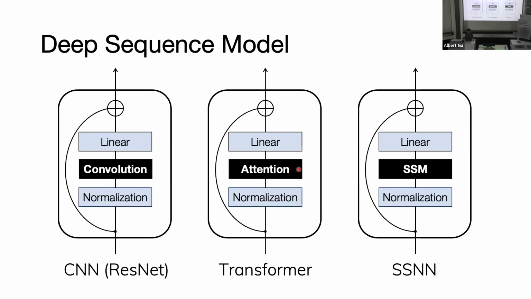When we have one of these primitive sequence models, a black box sequence-to-sequence transformation, we can fit it into a more complicated neural network architecture that can involve different types of layers, including normalization layers like batch norm or layer norm. Often it'll have pointwise linear projections, residual connections, and so on. These are composed into end-to-end deep sequence models that express much more complicated functions.